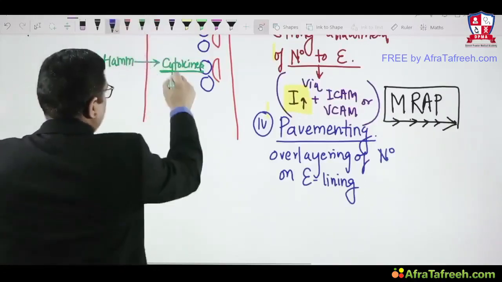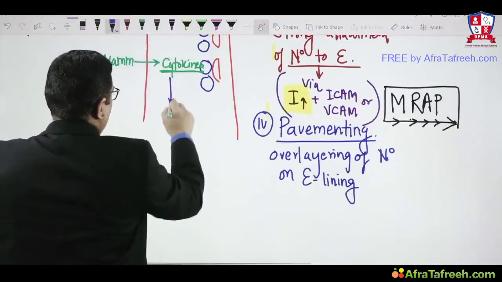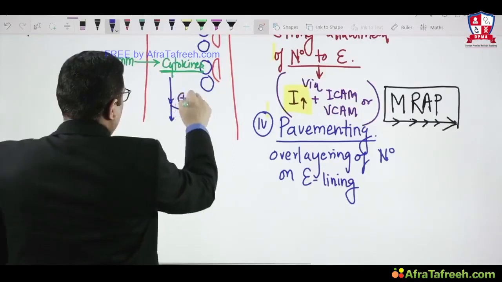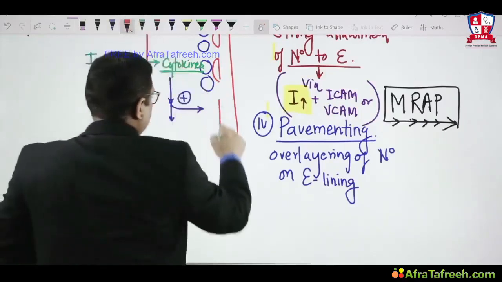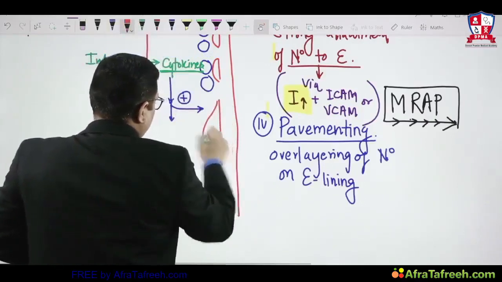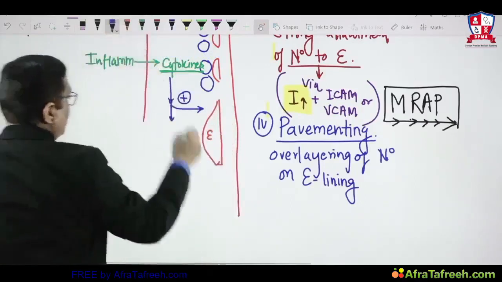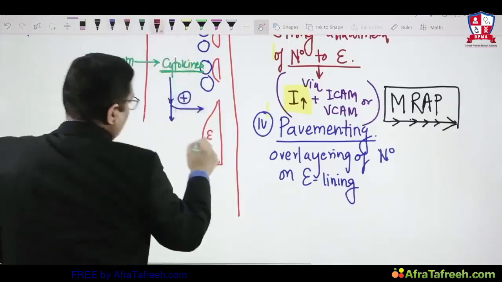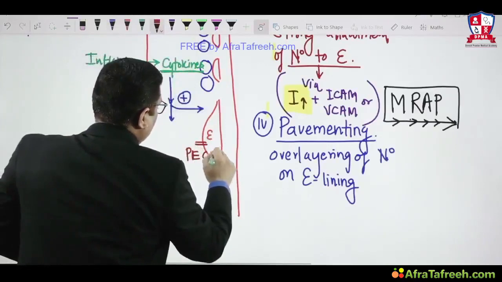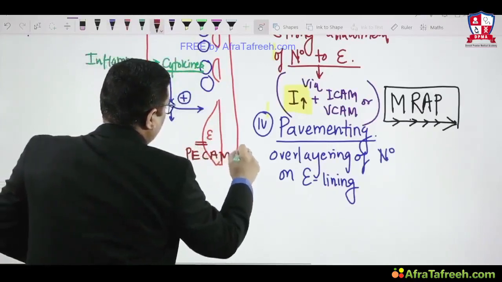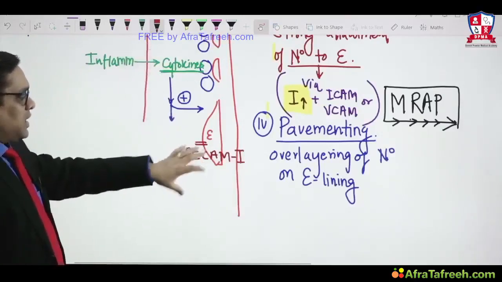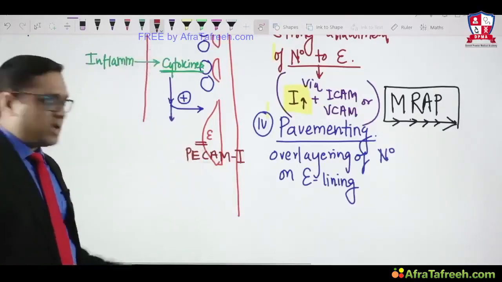Now we can see this cytokine will have an activating function. They will activate endothelium. When endothelium is activated, it will express an adhesion molecule called PECAM-1, platelet endothelial cell adhesion molecule 1.